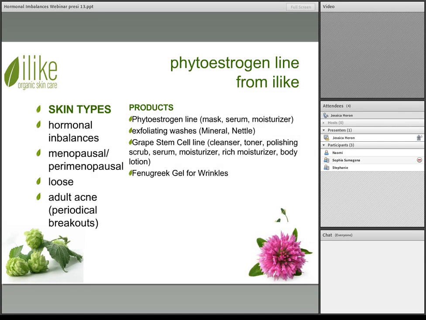But the product overall is wonderful for addressing wrinkles and lines and loose and flaccid wrinkled skin. And it's also great for oily skin problems. So it really gives awesome texture to help with not disrupting the sebaceous activity because it's a gel form.